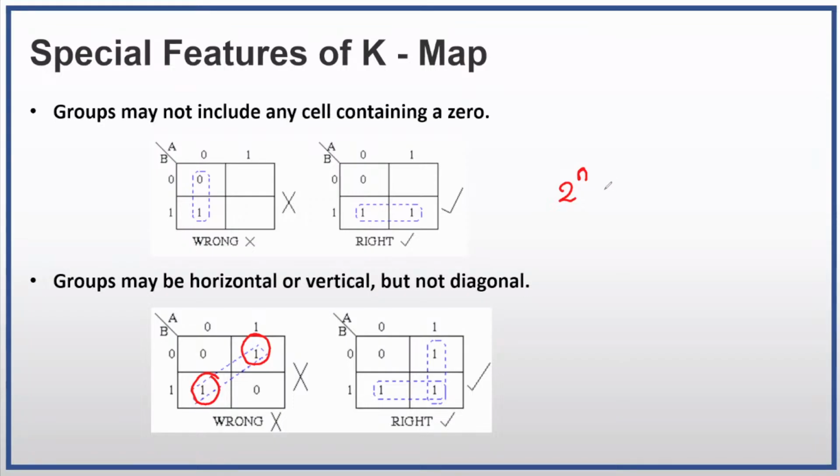Here we can use one cell because it is 2 to the power 0, which is equal to 1. Otherwise, you have to make the groups with powers of 2.